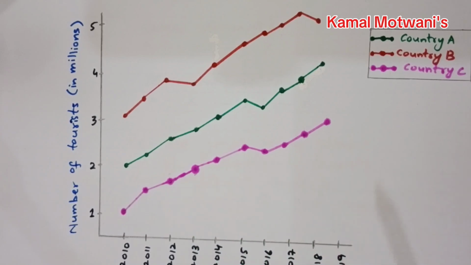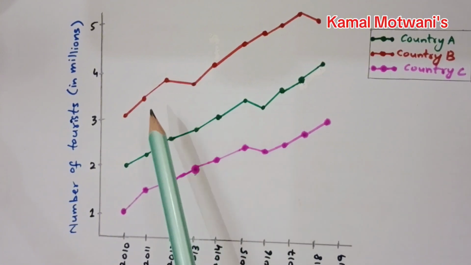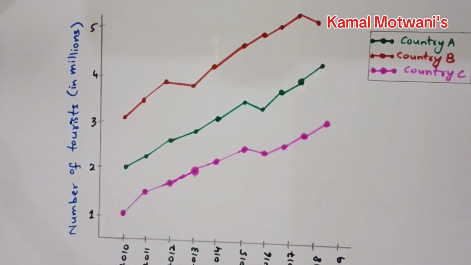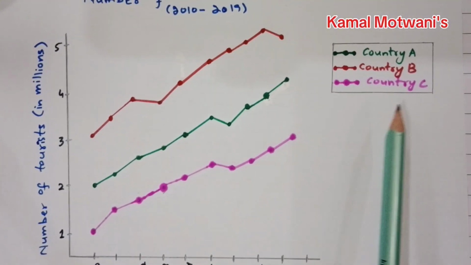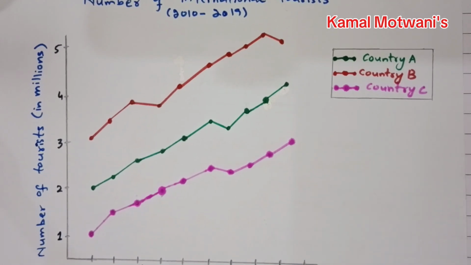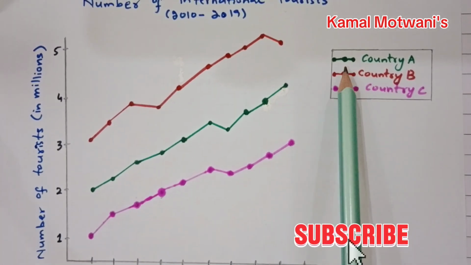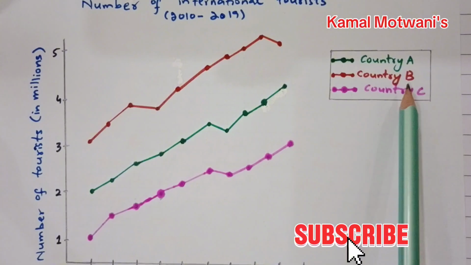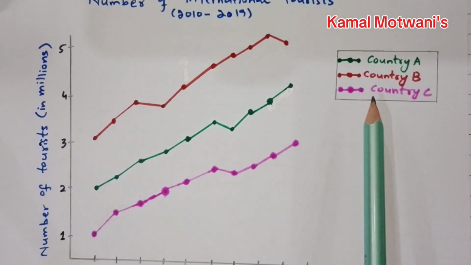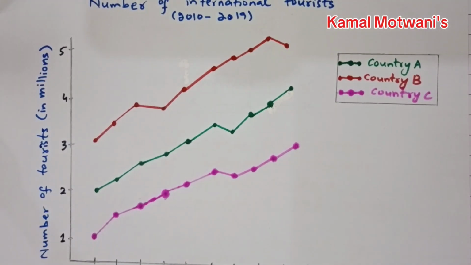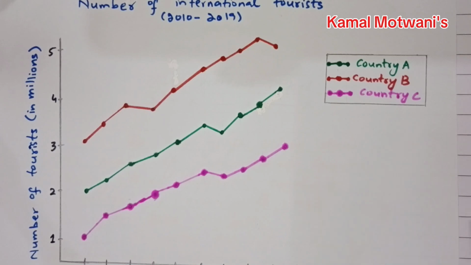This line graph has three lines: the red line, the green line, and the pink line. There is a clear indication that the green line is regarding country A, the red line is regarding country B, and the pink line is regarding country C.